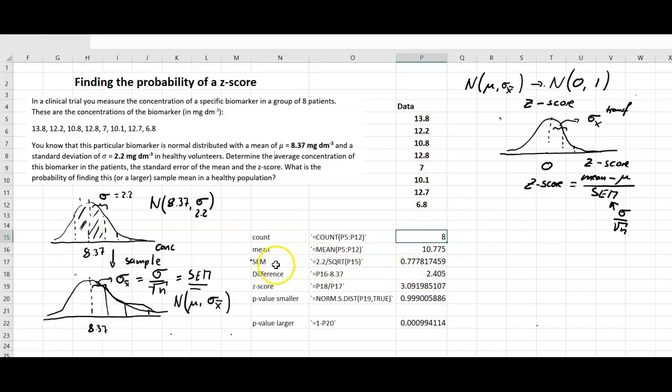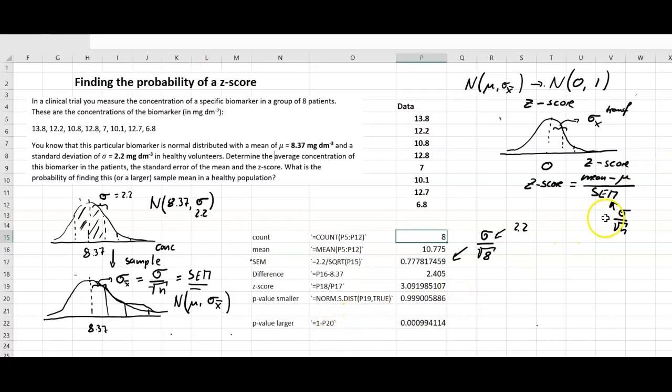We can also calculate the standard error of the mean, and as I said, this standard error of the mean is this population standard deviation divided by square root of 8, and that was 2.2. Okay, so we've got the same.